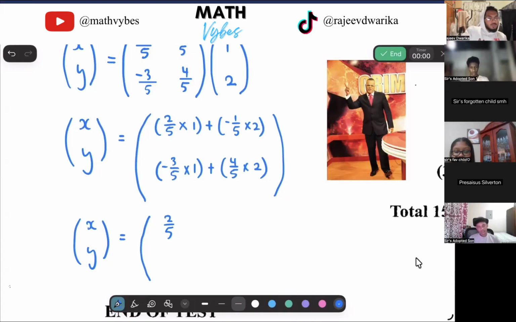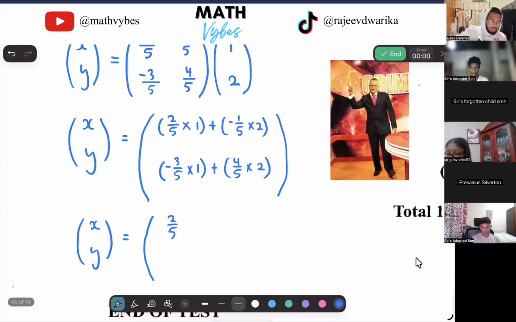So what's negative 1 by 2? Negative 2. Right? So you're going to end up with 2/5, and you have a positive here. It's going to work out to be negative 2/5. A positive and a negative is a what? Negative. Right. So that's going to be 2/5 minus 2/5.